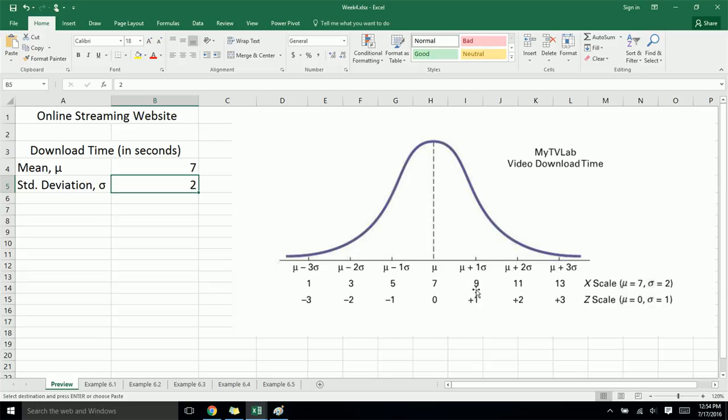So 9 seconds is one standard deviation above the mean. If you take 3, it is 4 seconds below the mean, or 2 standard deviations below the mean. So you can use the normal distribution to calculate the probability of a certain value occurring within a certain range, and that's what we're going to do next.